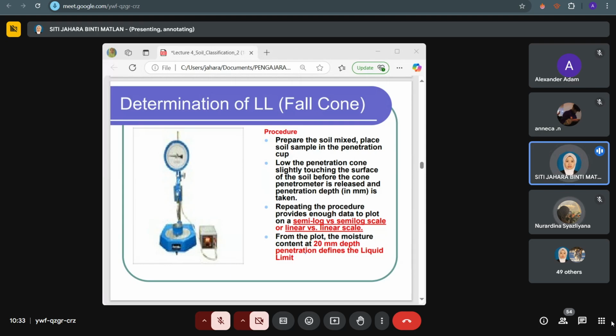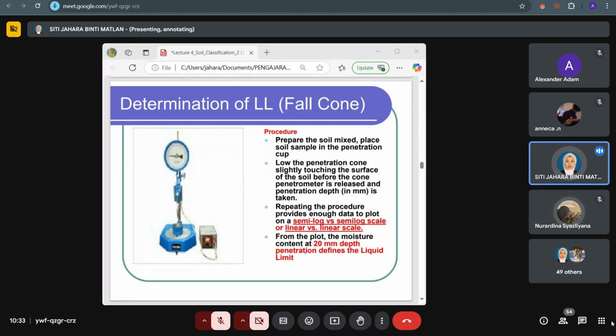Okay. Next, still in determining the liquid limit using the Falcon test. The Falcon test is an alternative method to the Casagrande cup for determining the liquid limit for fine grain soil. The procedure is as mentioned in the slide here.